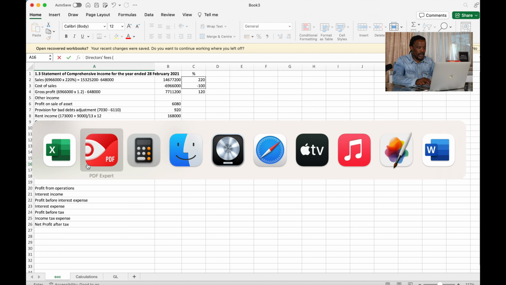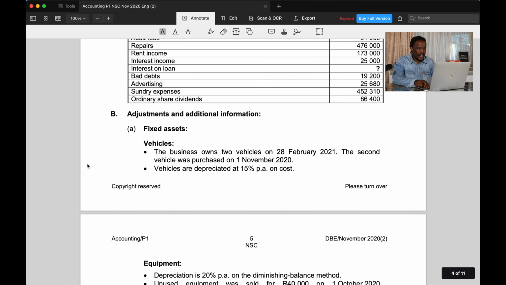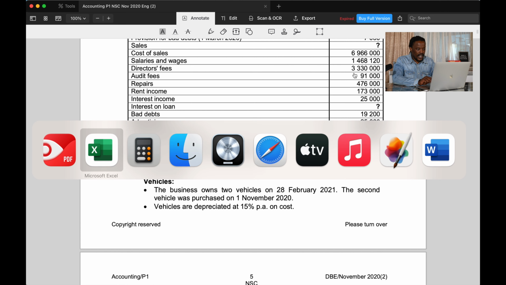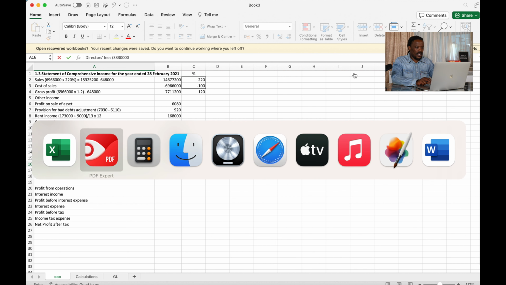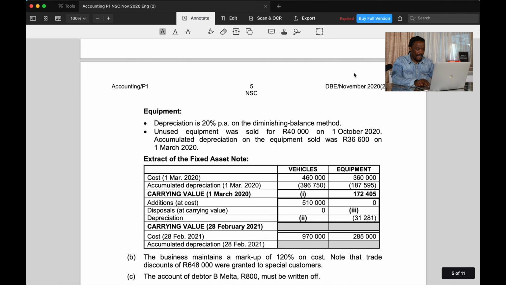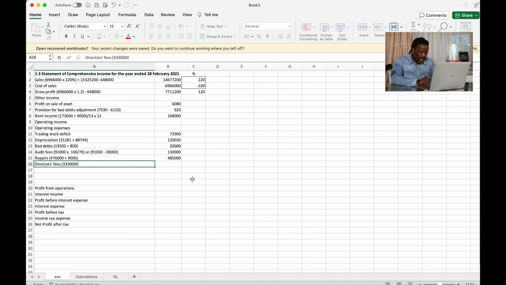We look at the pre-adjustment trial balance. We figure out the amount given for directors' fees, 3,330,000. And we look at what our adjustment is. The company has 4 directors.